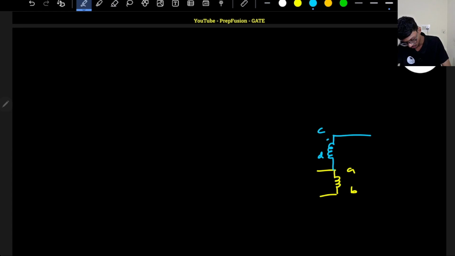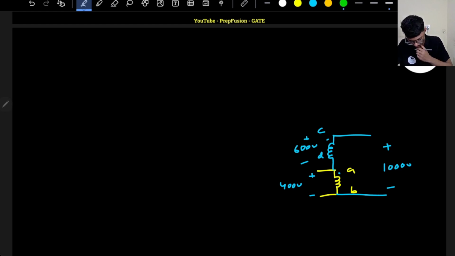And this is the dot and this is the dot. So this polarity is plus minus, where I will give the input, that is 400 volts, and from here I will take the output, that is 1000 volts, right, because this thing is 600 volts. Got it? So I can easily solve this question.